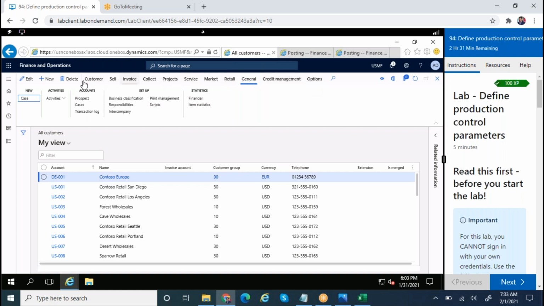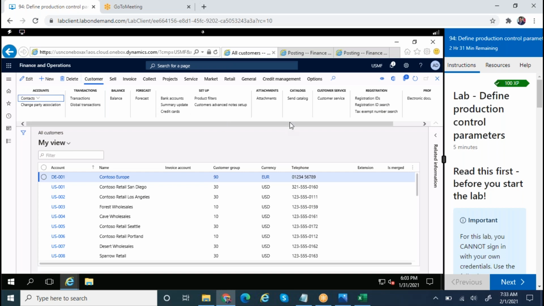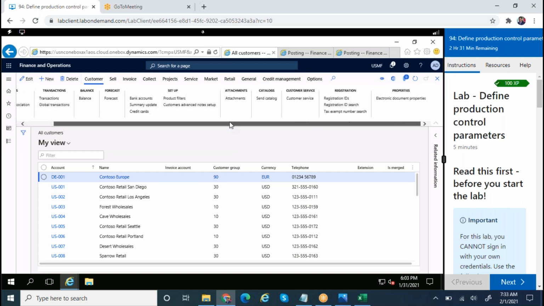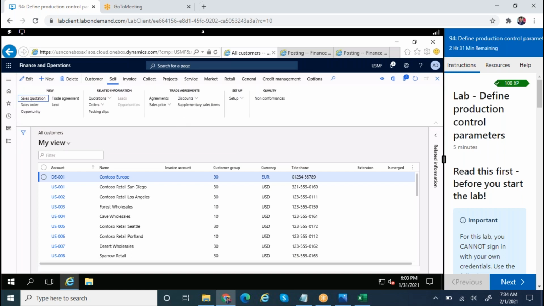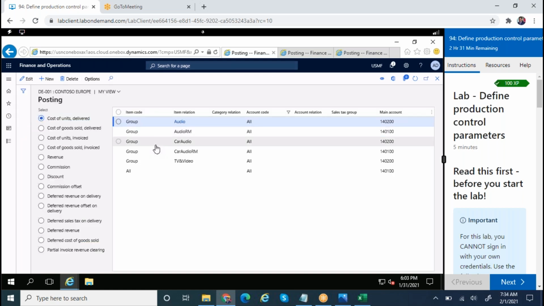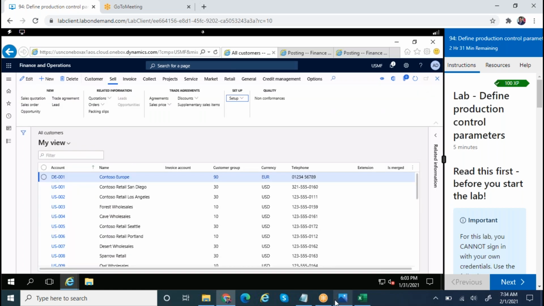Can anyone help me? There will be a posting button. One by one tab we will see, because this is not a regular task. Item postings. From customer also you can open. Understood?